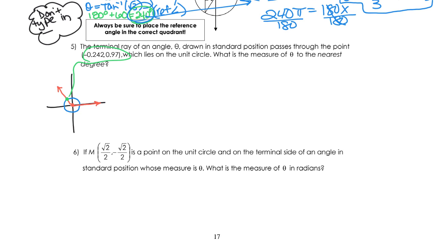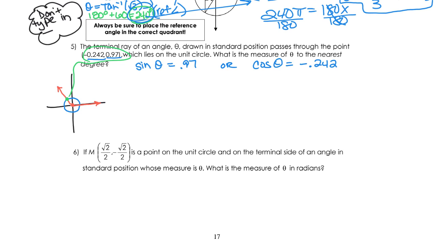Okay, so they want to know what's the measure of theta to the nearest degree. We have 2 ways of solving this. We could find tangent if we wanted to, but we don't need to. So sine theta equals our y coordinate, which is 0.97, or we can say cosine theta equals negative 0.242.